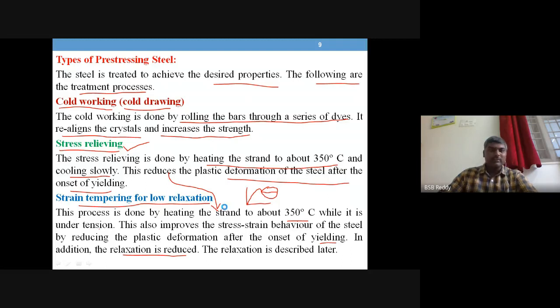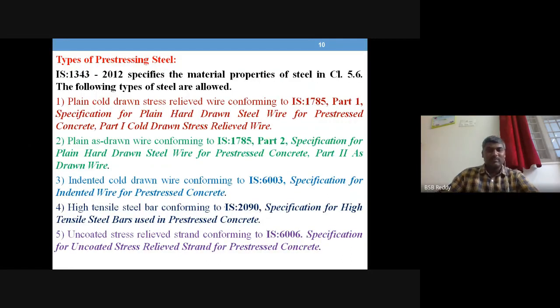Okay, so these are the types of steels that we have, and the IS code also gives you some types of steels. Class 5.6 gives you the following types of steels: plain cold drawn stress relieved wires, which is one type. Plain as drawn wires is another type.